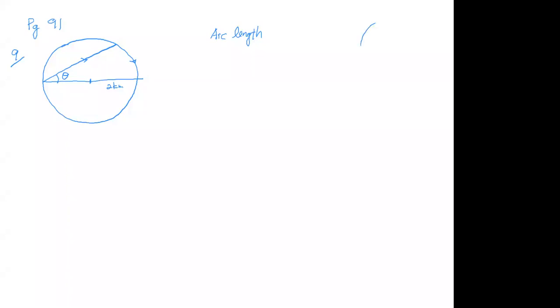I mean, this is a circle. Part of the circumference is called the arc. This is the angle theta, this is the radius. So the answer is r theta.